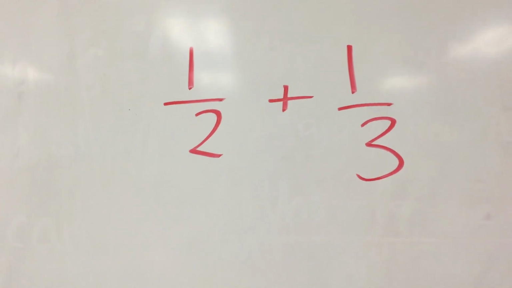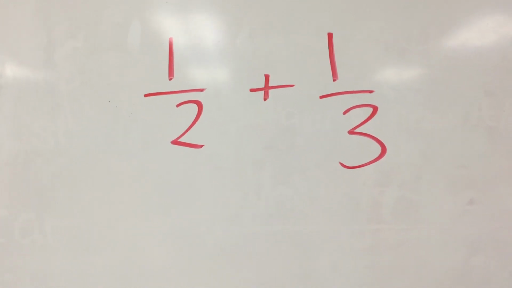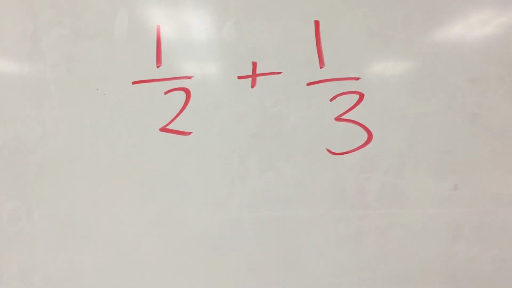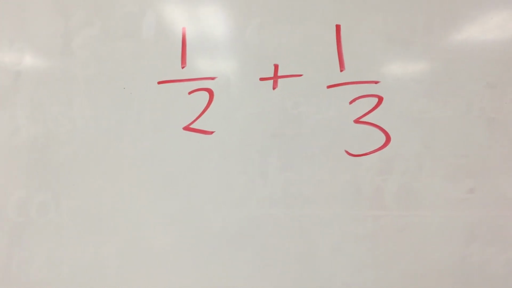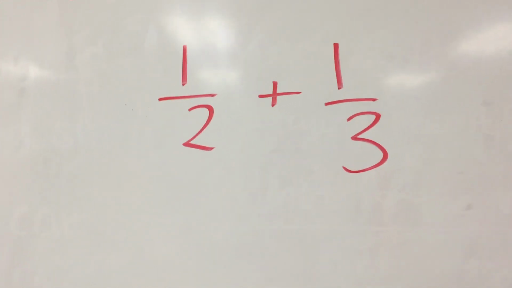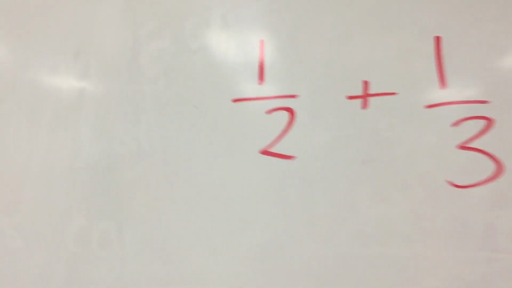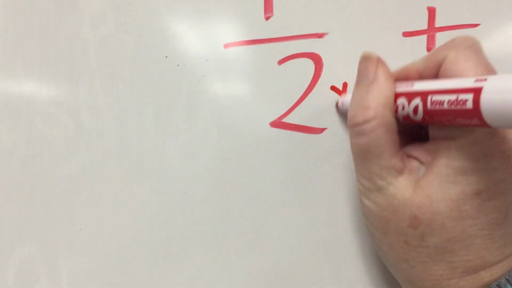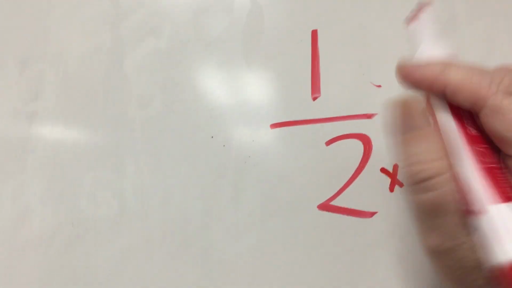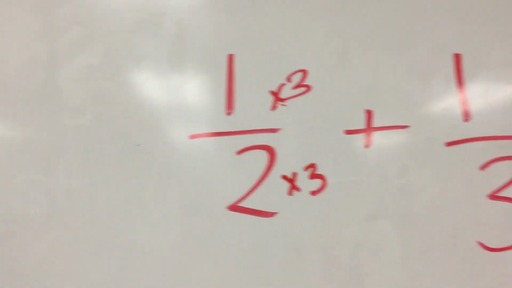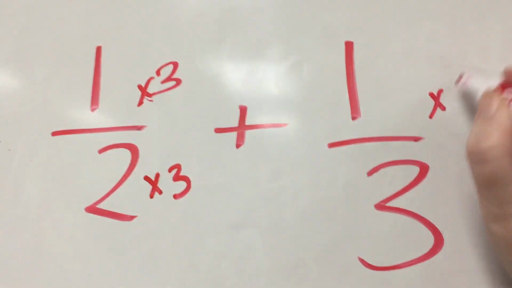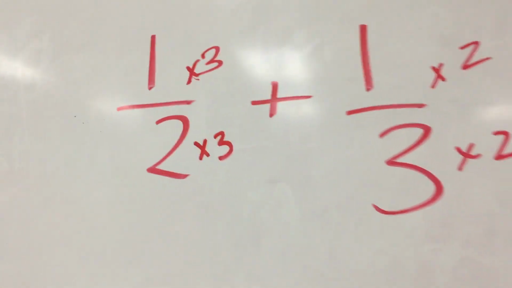And I know that 2 and 3 both are factors of 6. So I can increase both fractions to something with a denominator of 6. So for this fraction, I multiply the top and bottom by 3. This fraction, I have to multiply the top and bottom by 2.